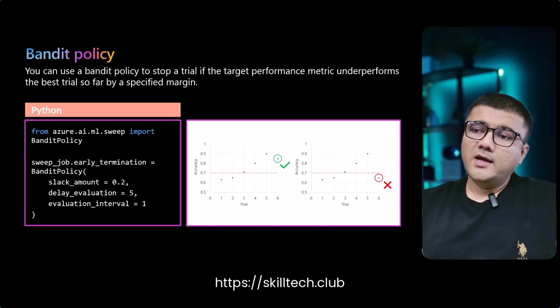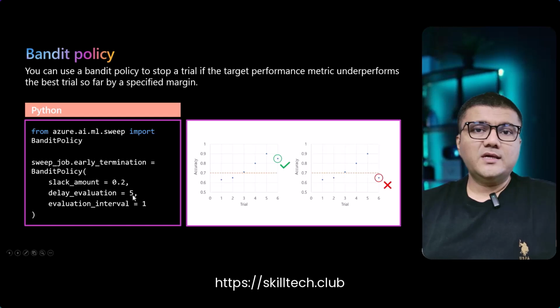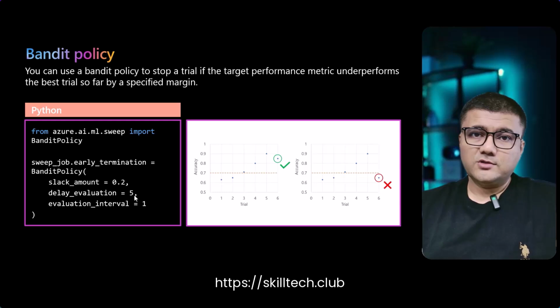As you can see in the Python code, I'm specifying my sweep job with the early termination policy, which is Bandit policy. I'm specifying the slack amount as 0.2, delay evaluation as 5, and evaluation interval as 1. So for the first 5 evaluations, we are not going to apply the policy. From the 6th evaluation onwards, we are going to focus on the evaluation configuration.